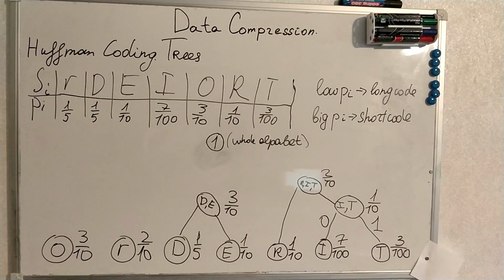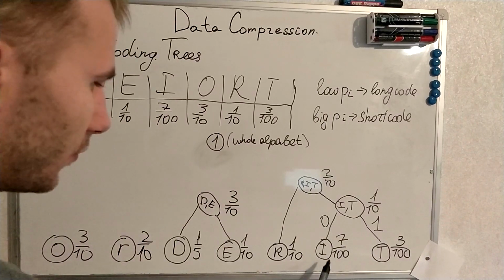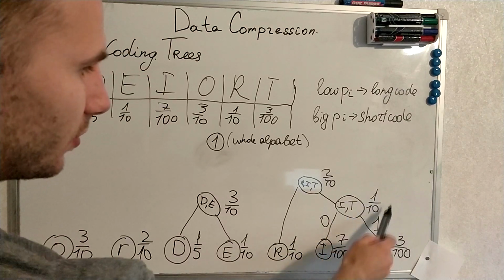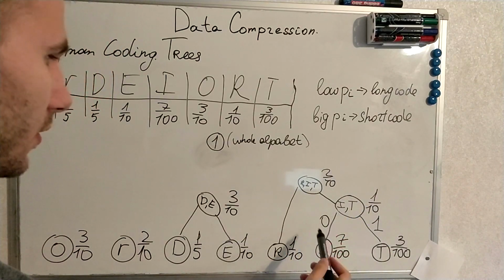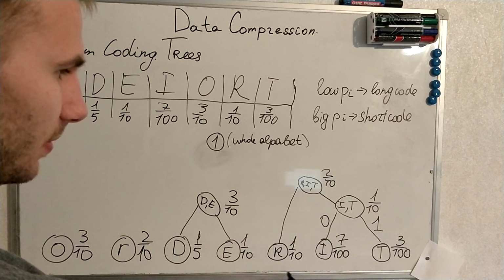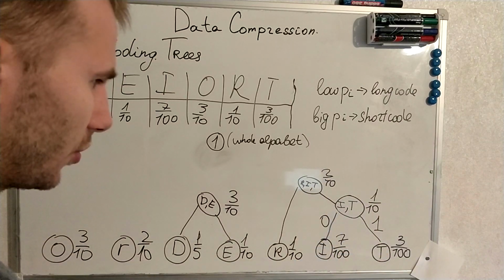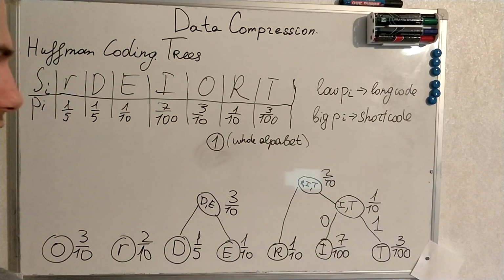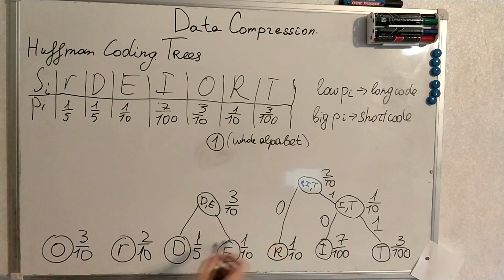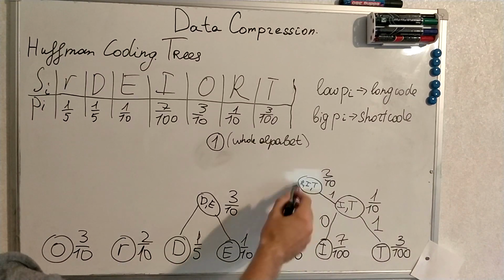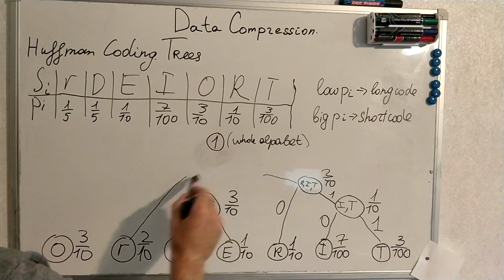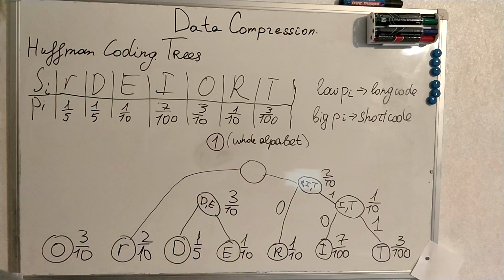I made the first 3 steps of the algorithm. So first we merged I and T and gave them their cumulative probability. If we continue, we can merge R because it has the lowest probability, and the merged node. Thus we acquire a newly merged node. Now we are in a situation where we have to merge R and this merged node, and the tree will become a little messy because they have the lowest probabilities.